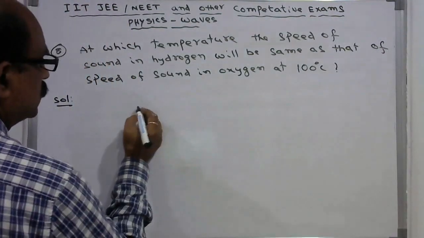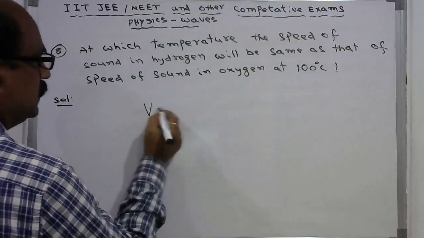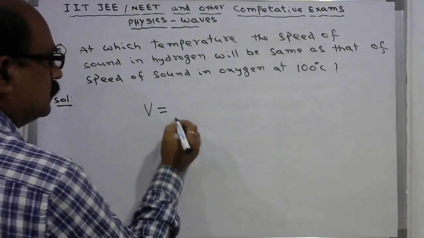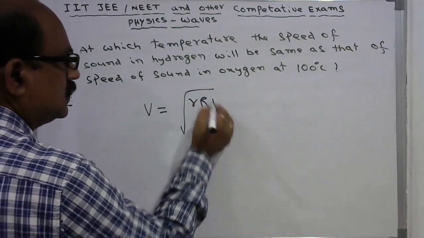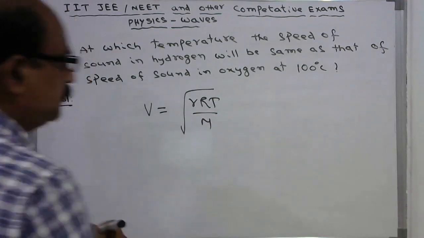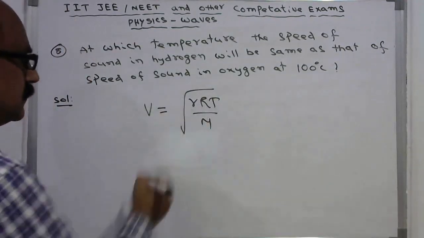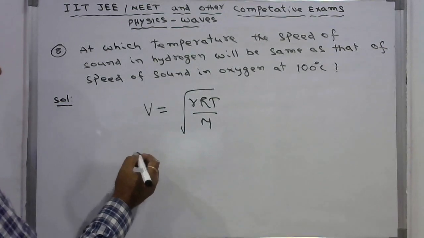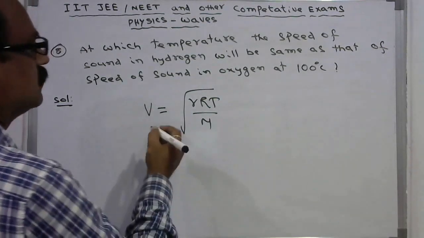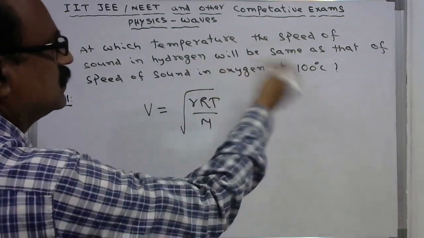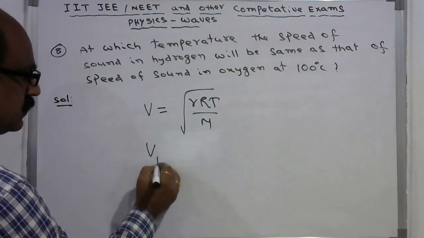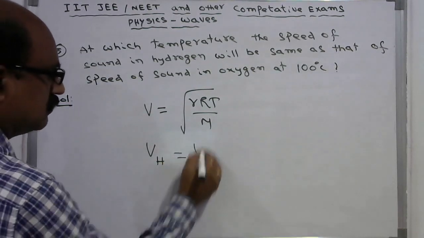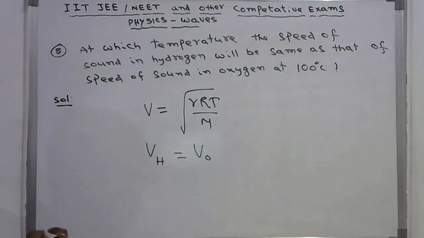So we know the Newton-Laplace formula, V is equal to root of gamma RT by M, the velocity of sound and speed of sound for any gas. So now we are going to find the speed of sound in hydrogen, but it's given that the velocity of sound in hydrogen is equal to the velocity of sound in oxygen. These two conditions are given.